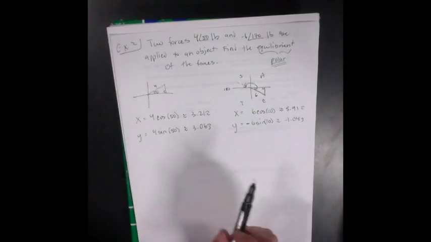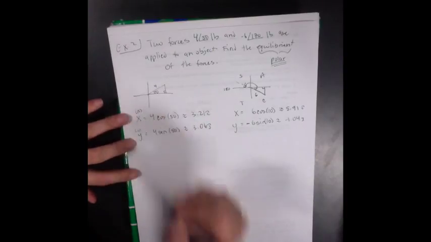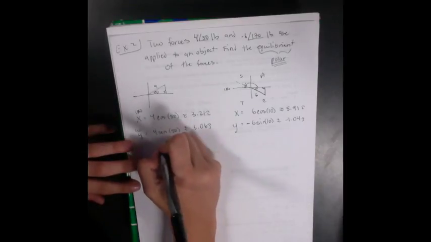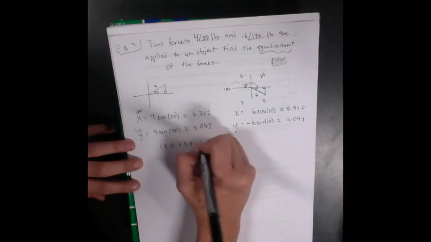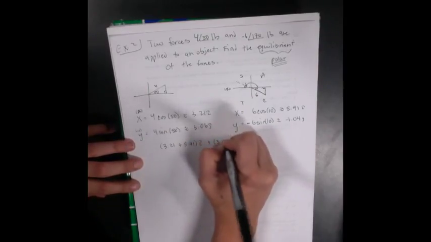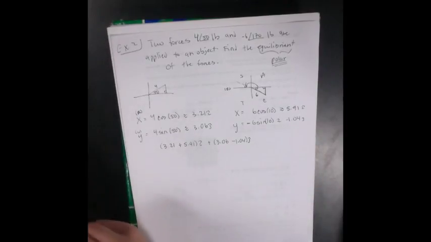Again, x is your i hat. X is what used to be called r, for those of you who had Miss Fran Bree. And y is u. We're no longer using r and u. We're using i hat and j hat. Okay? So now we add our x terms. So I have 3.21 plus 5.91 i hat plus 3.06 minus 1.04 j hat.